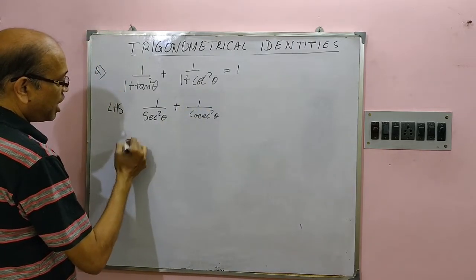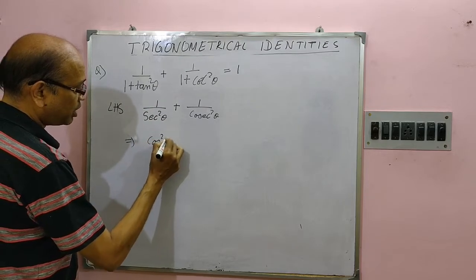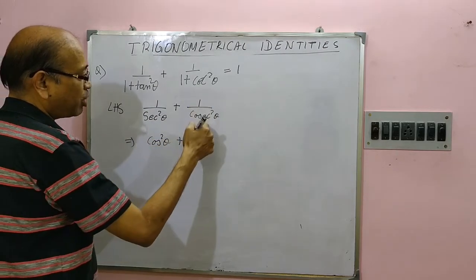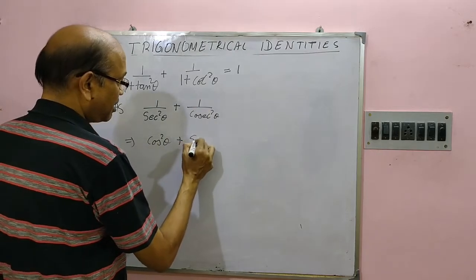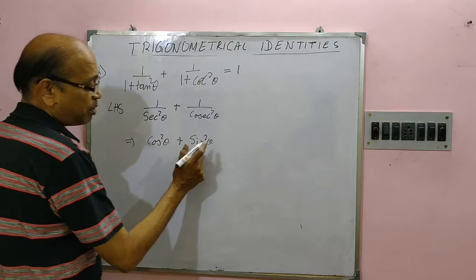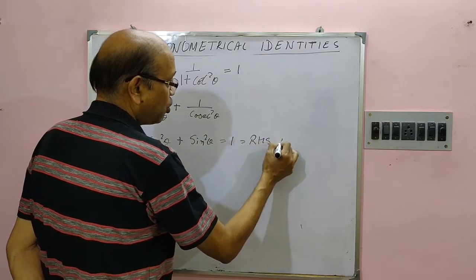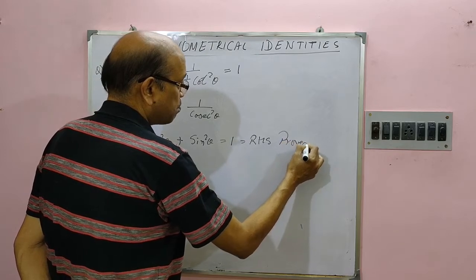Again, 1 by secant square theta is nothing but cos square theta, plus 1 by cosecant square theta is sine square theta, and we know sine square theta plus cos square theta is equal to 1, which is equal to right hand side. Proved.